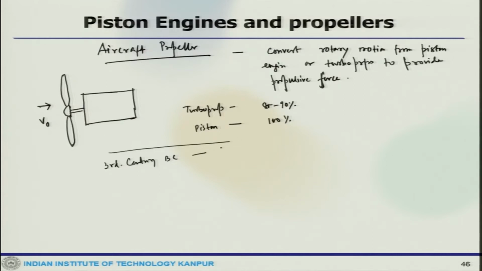Later development around 1796, 1836, 1903, 1919, fixed pitch propellers and others into service.